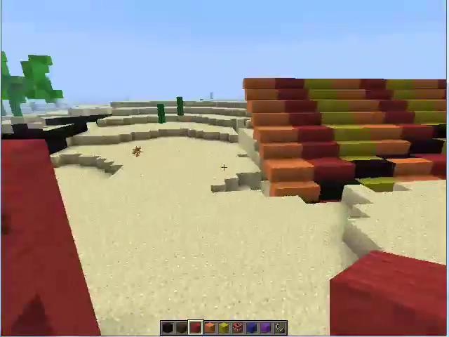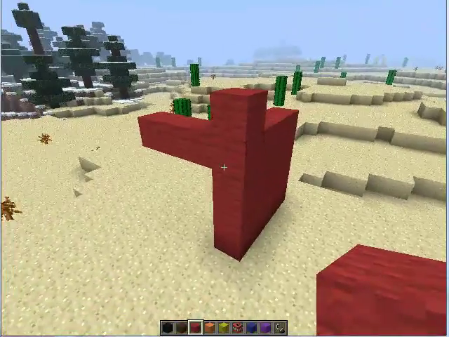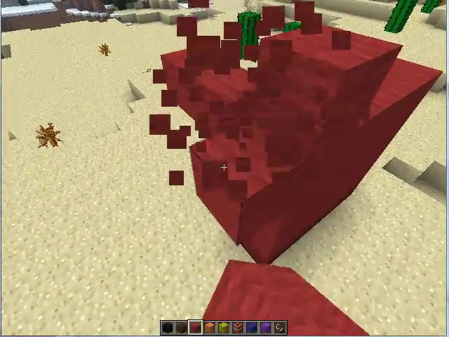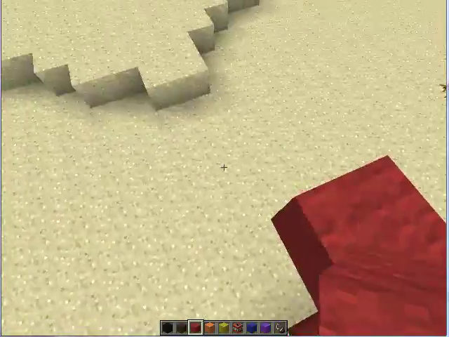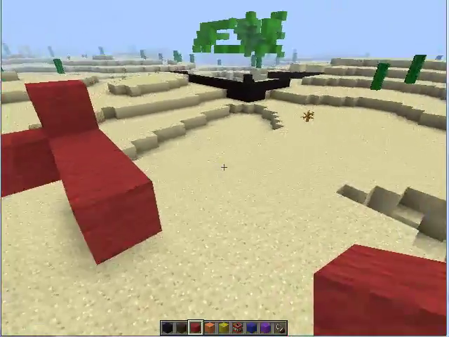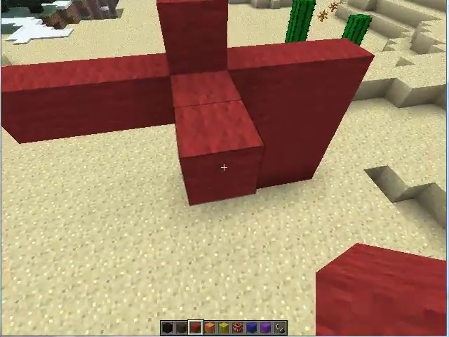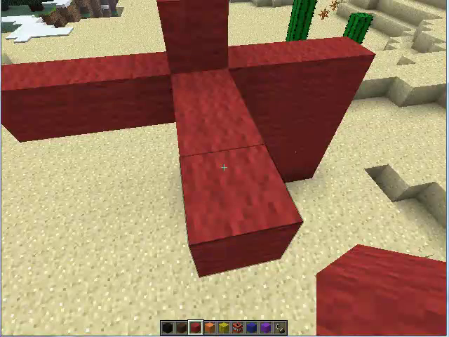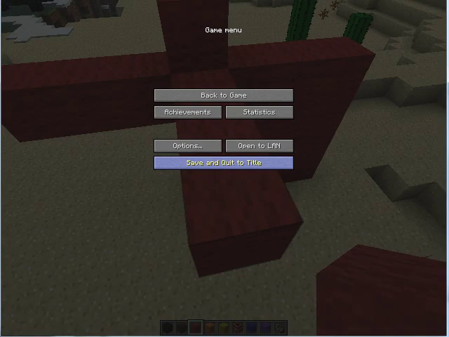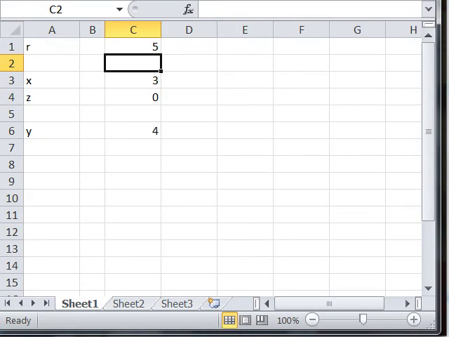I'm not going to fill the entire dome up. We can always add or delete blocks later after we have the shell for it, because we can switch between x and z whenever it's convenient.